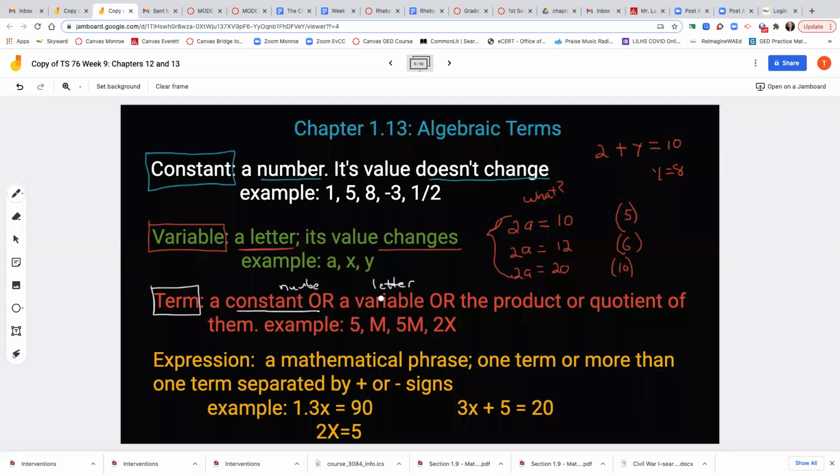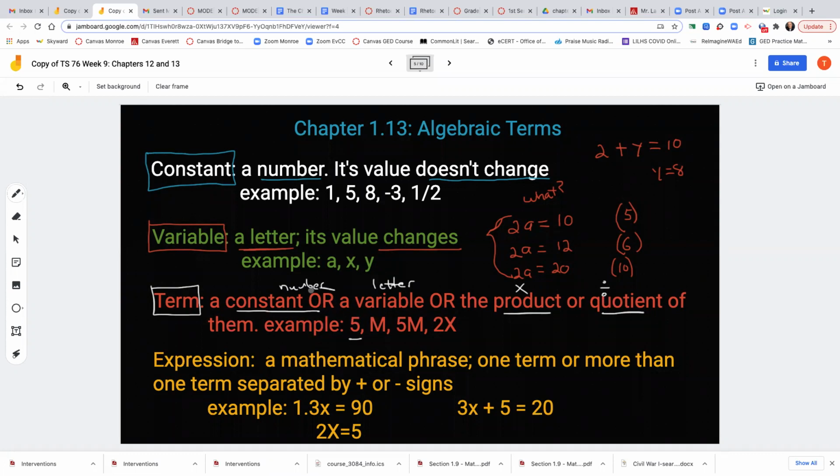So a term can be a constant or a variable, or the product or quotient of them. Product means times, okay? And quotient means division, okay? So these can all be terms. 5 can be a term because it is a constant.